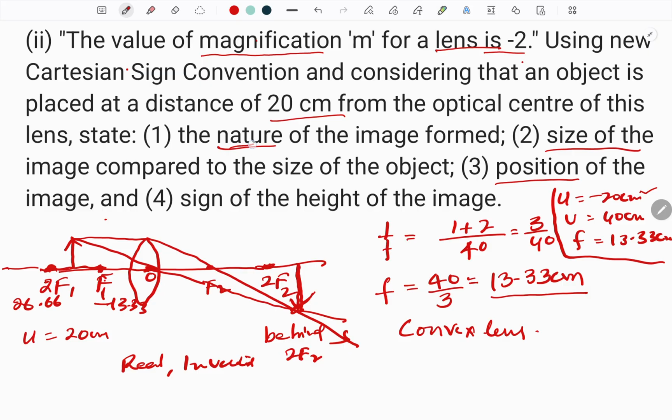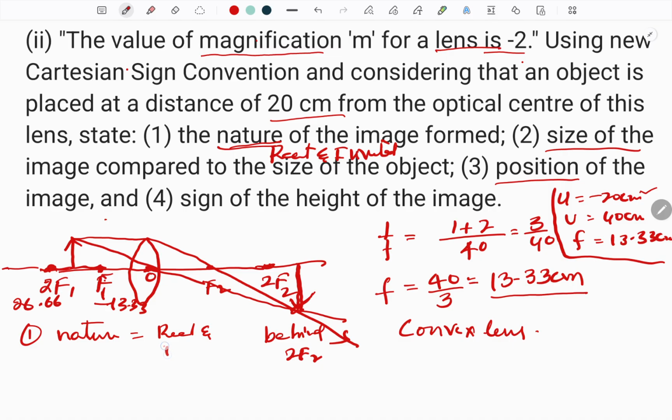For the nature of the image, it is a real and inverted image. I'll write it here clearly. Here, the nature of the image is given: real and inverted image.